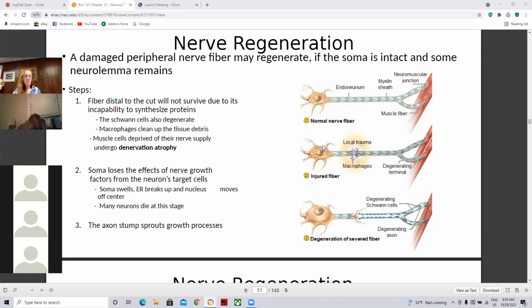The endoplasmic reticulum can break up and the nucleus moves off center. At this point, many neurons will die.